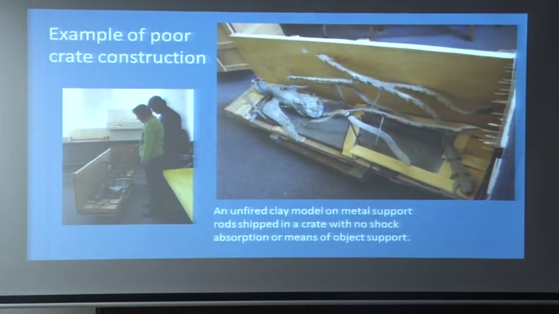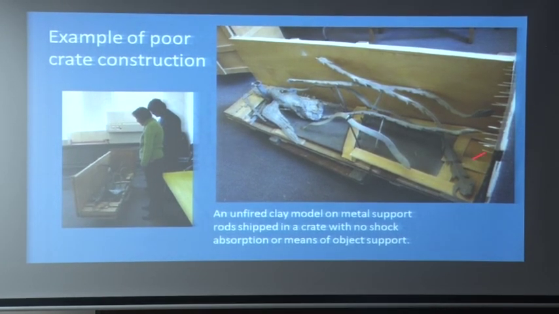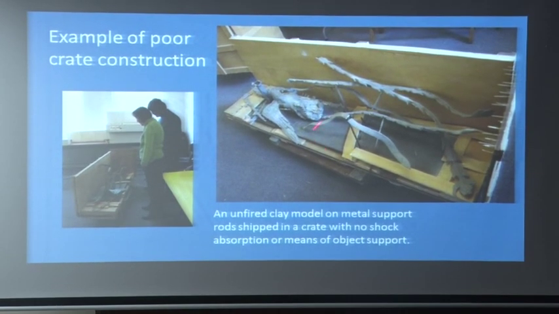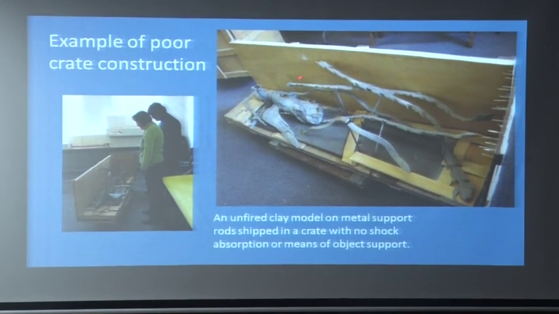And this is actually an example of an artwork that arrived at our museum once with a very poorly made crate that you can see there's absolutely no foam, there's no padding, there's nothing at all to absorb any shock. And this was a clay-fired sculpture that had completely broken. So this part right here had been attached up to these sections.